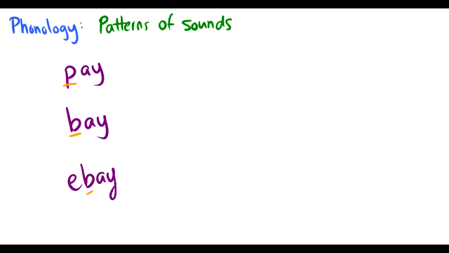Here's a question: this B right here, is it more similar to the B in eBay or more similar to the P in pay? You might guess it, because I'm setting this question up in a way that's meant to trick you, but you might be surprised that this B is more closely related to the sound that a P makes than the B in eBay.